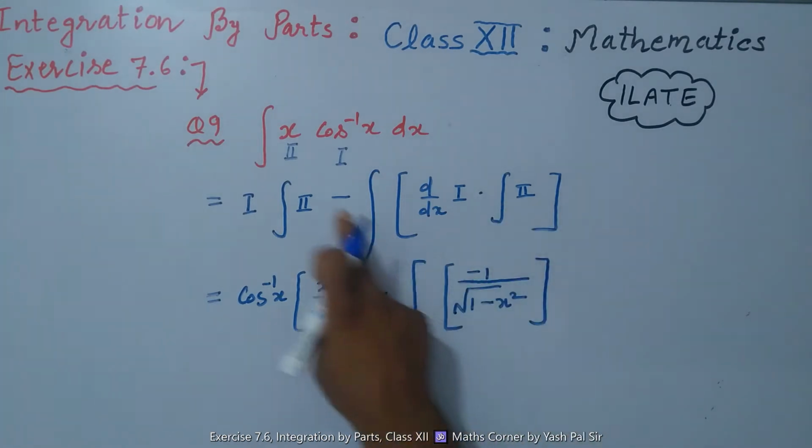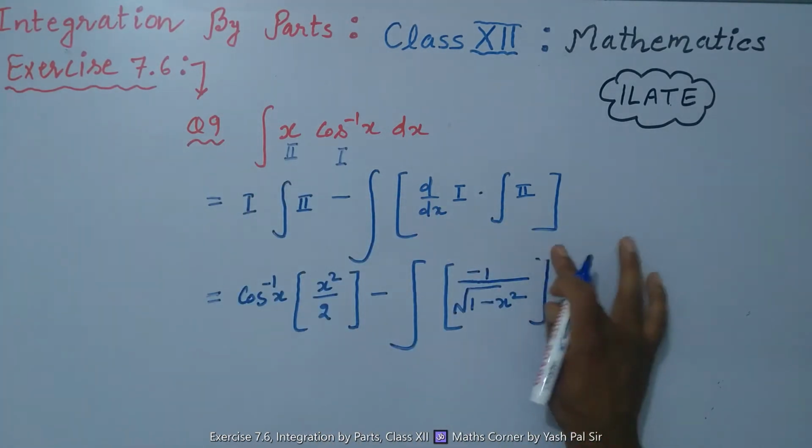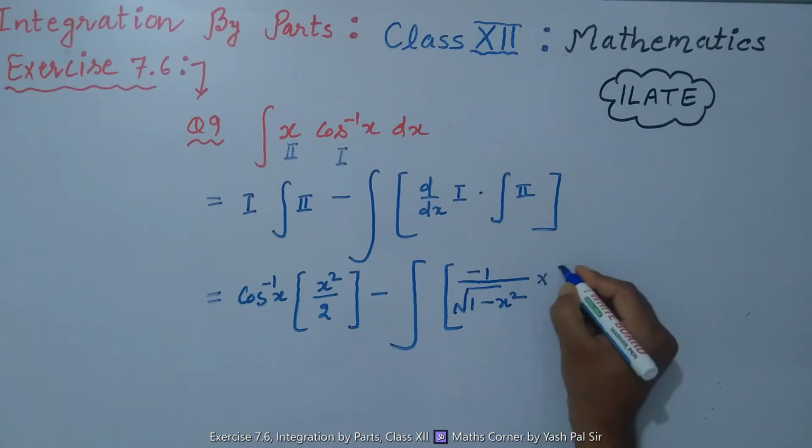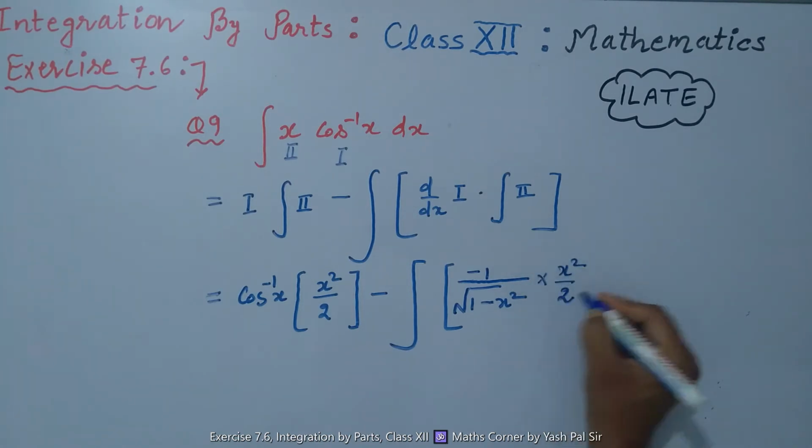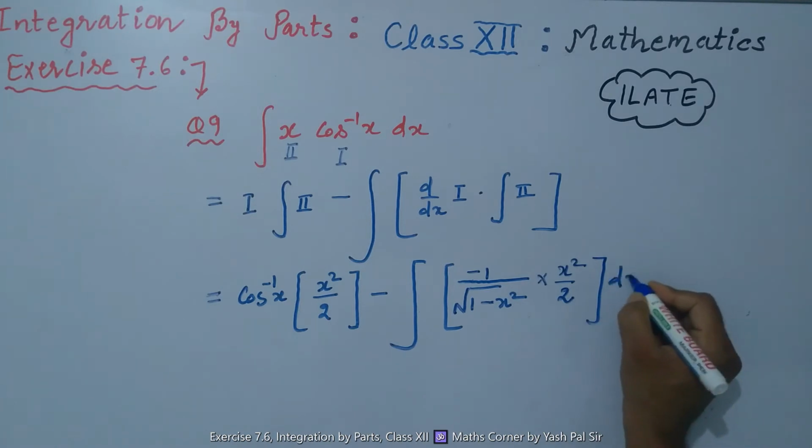Integration of the second function, that is x square, is x cube upon 3... actually, x square upon 2 dx.